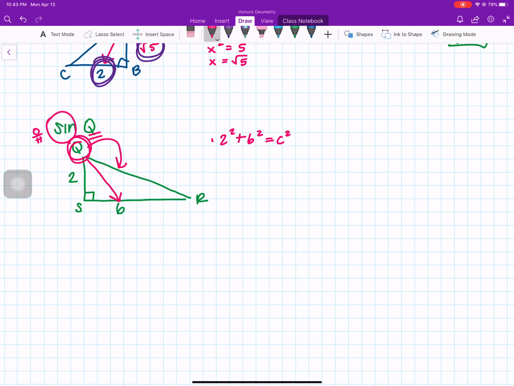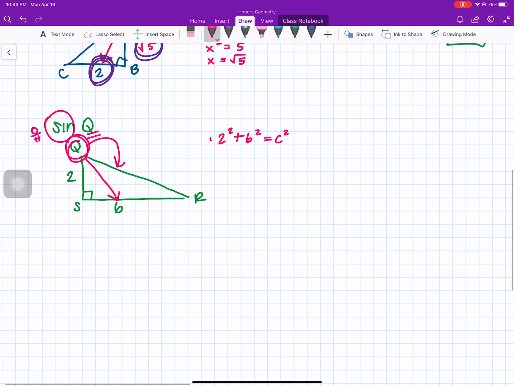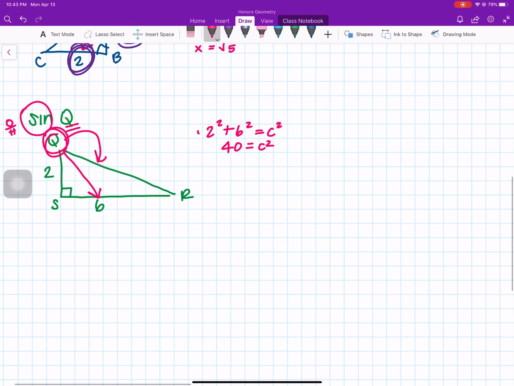So 2 squared is 4, 6 squared is 36, so this is 40. So c equals the square root of 40. And again, you are going to be a good math student and you're going to reduce your radical. This is root 4 times 10, which is 2 root 10.